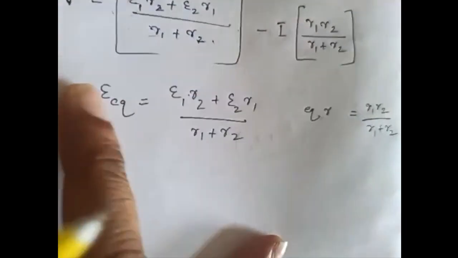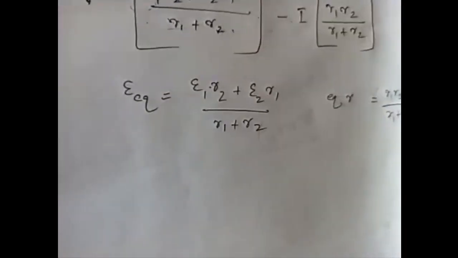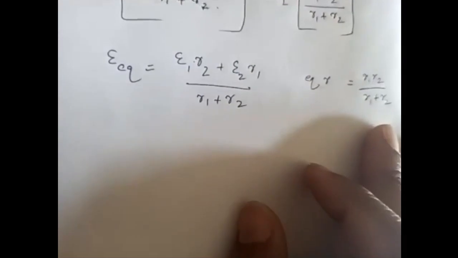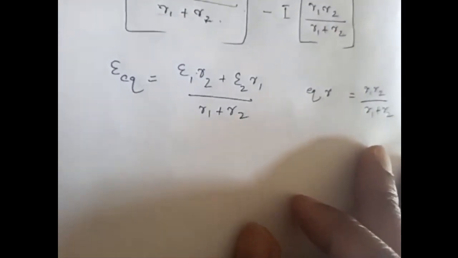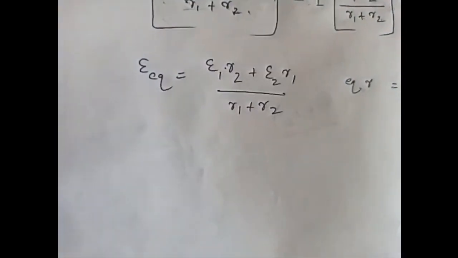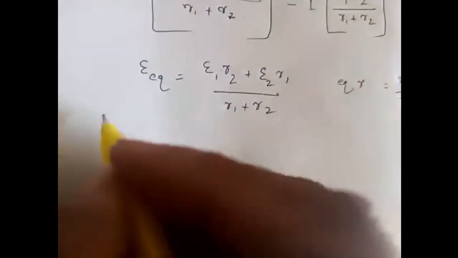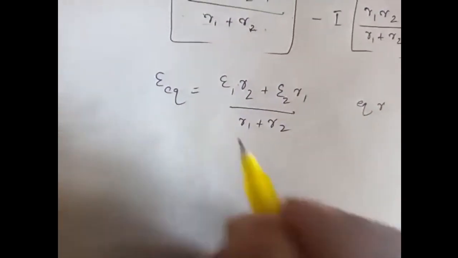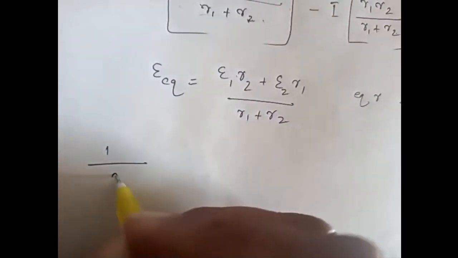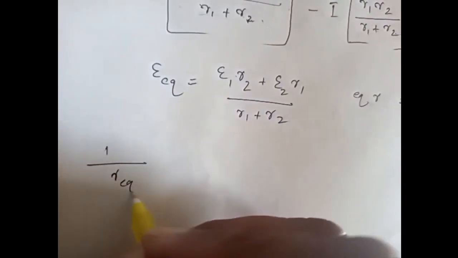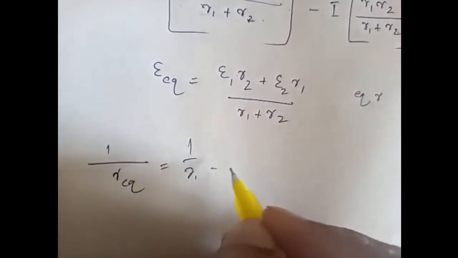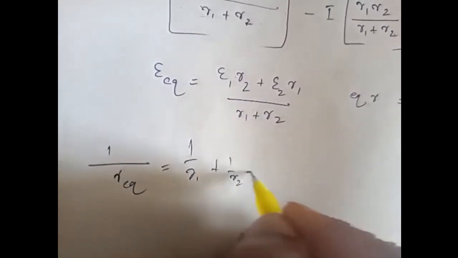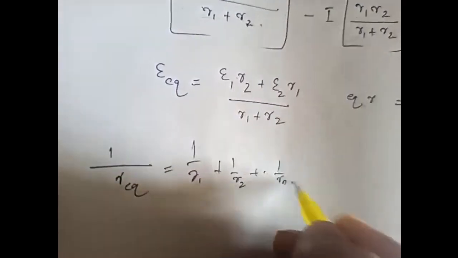So if you are finding out for n number of cells which are connected in parallel, the equation of internal resistance will be 1 by R equivalent equals 1 by R1 plus 1 by R2 etc. up to 1 by Rn.